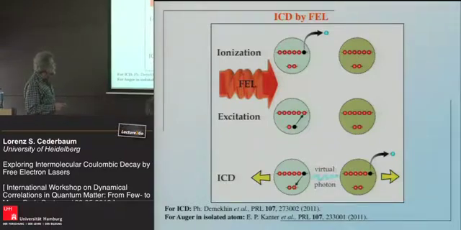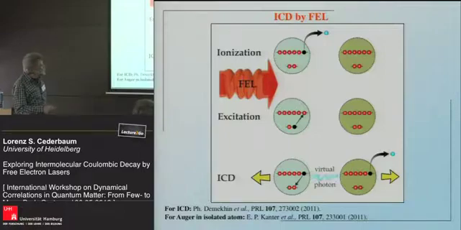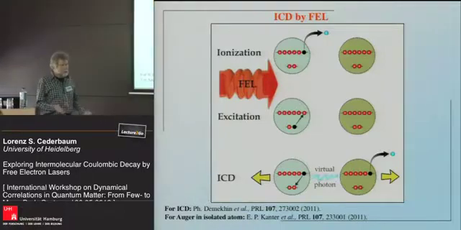Let's say a free electron laser pulse is coming, and it has sufficiently many photons, so you first ionize one of the outer electrons, and if the energy of this pulse fits into an excitation of an inner valence, you now create by the second photon a hole in the inner valence shell, where you can have ICD.